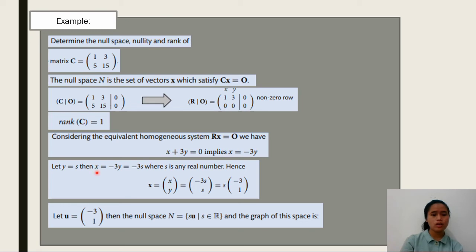Considering the equivalent homogeneous system Rx equal 0, we have x plus 3y equal 0, so x equal minus 3y. So we have u is (minus 3, 1).